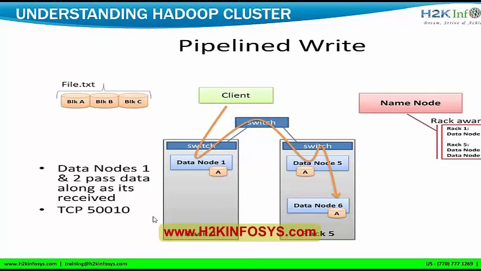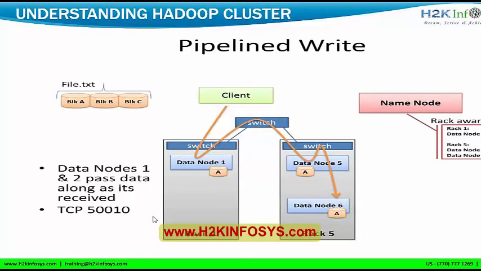It's not that the client writes all these blocks to different data nodes. Client will write only to one particular data node, and that data node is responsible for writing to the other data nodes. So that's how it happens.